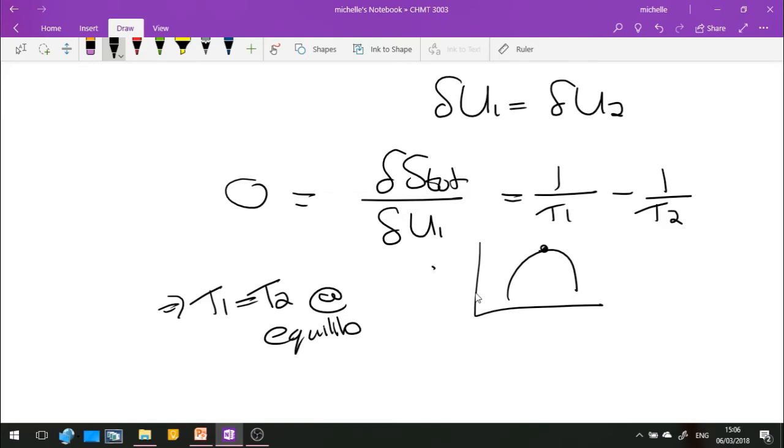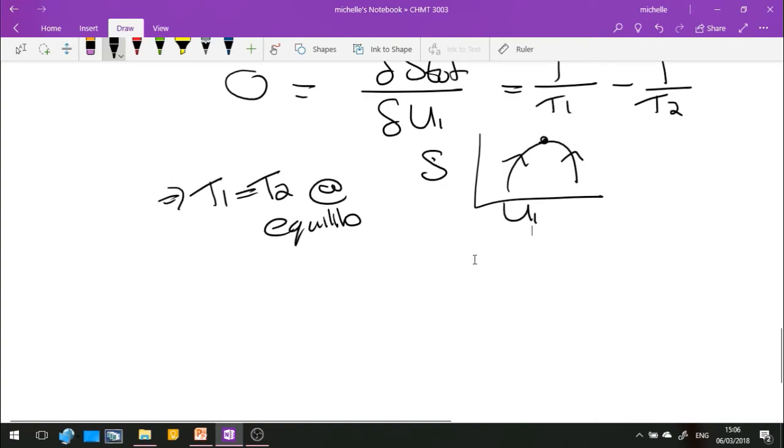So that meant that T1 equals T2, and before you even reach equilibrium, you still have a driving force. You could also look at it for side U2, so that tells you that, okay, fine, there's a driving force.